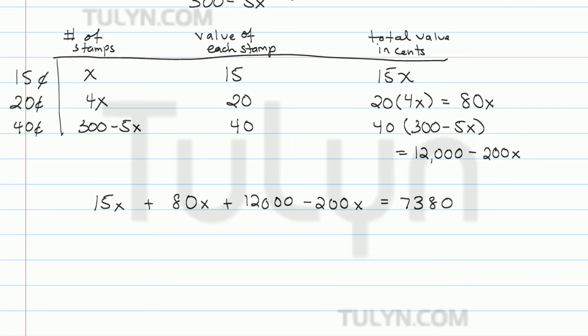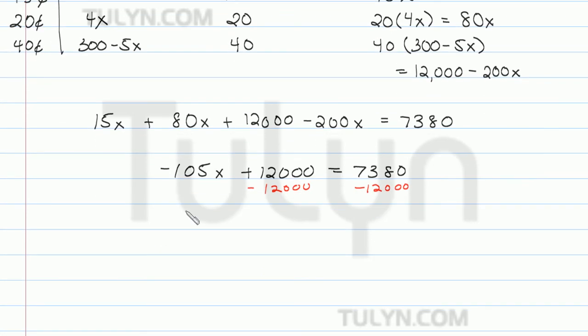Combining like terms on the left, I'm getting negative 105x plus 12,000 is equal to 7,380. Since we want to solve for x, let's subtract 12,000 from each side of the equation. We get negative 105x is equal to 7,380 minus 12,000, which is negative 4,620.